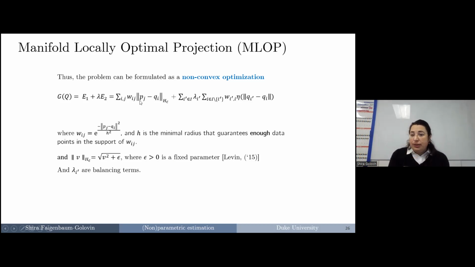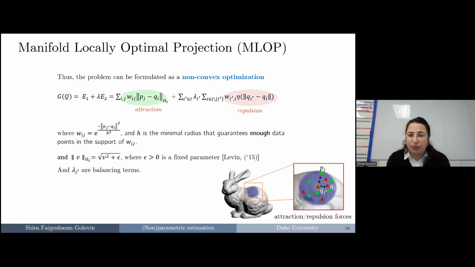What we are looking for is also Qi points that will be spread all over the manifold, and that's what we have in the second term. In case we have 2 points Qi and Qi prime that are getting too close to each other, we have this eta function that has a singularity at 0, and will basically explode and punish those points if they are getting too close to each other. Again, here we have the Gaussian weight, meaning that in a close neighborhood of Qi, we are looking at the separation between the 2 points.